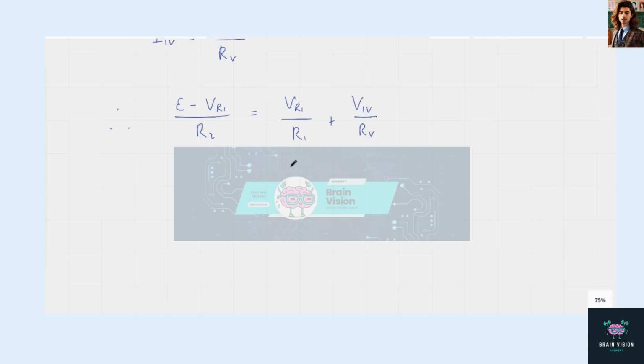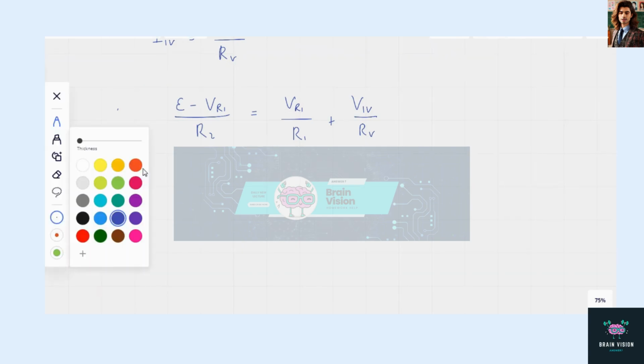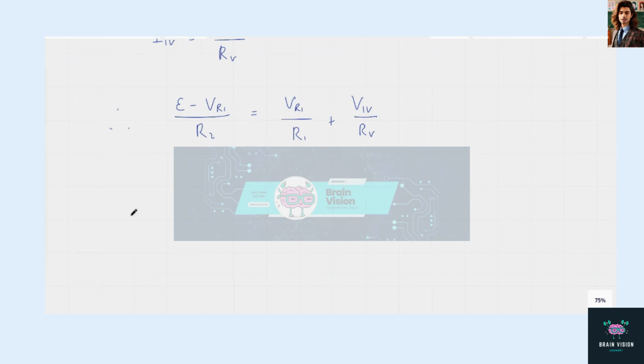So now we'll do the same for the second diagram. For diagram 2, we can see again that the current I2 is equal to I2A plus I2V.